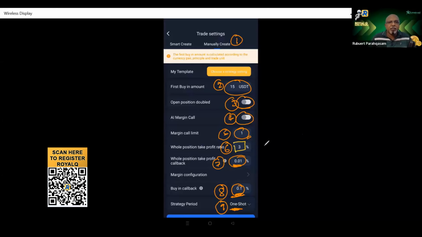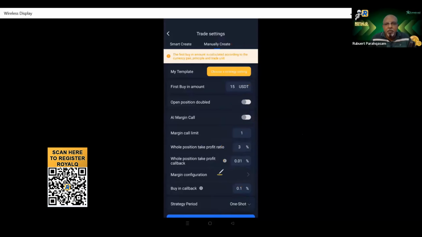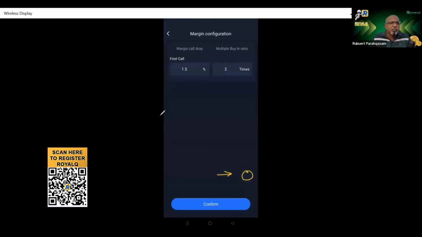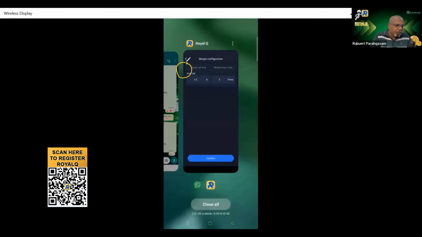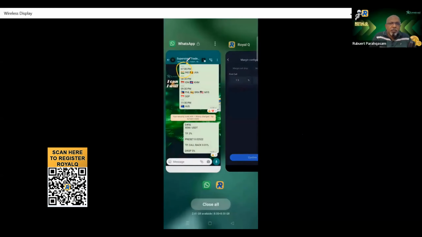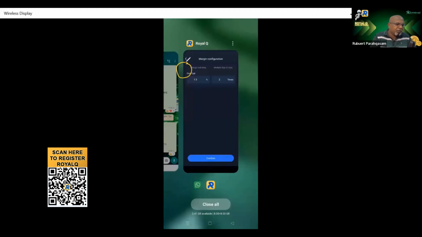Yes. All right. What about this margin configuration? Now we tap on this arrow. You see this? That's your drop. What is the drop here, guys? 5%.